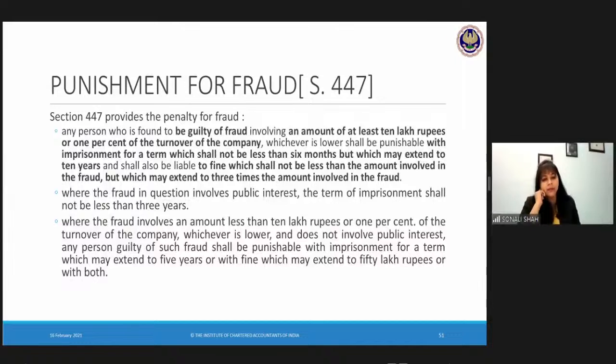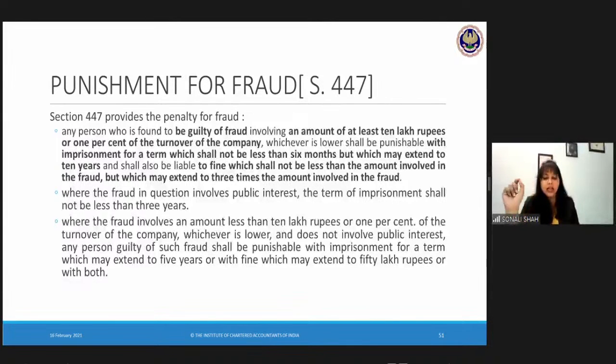Now, when you look at the punishment or penalty for fraud, any person who is found to be guilty of fraud involving an amount of at least 10 lakh rupees or 1% of turnover of the company, whichever is lower, shall be punishable with imprisonment for a term which shall not be less than 6 months. So minimum imprisonment is 6 months, but which may extend to 10 years.